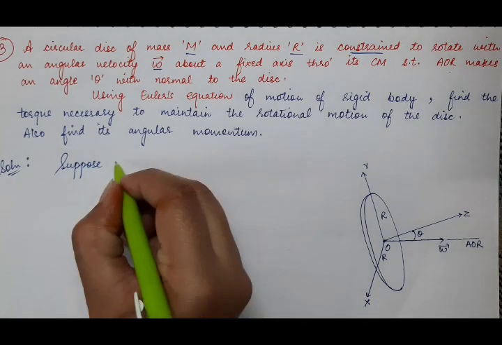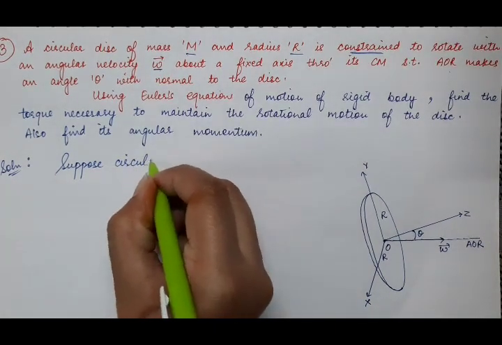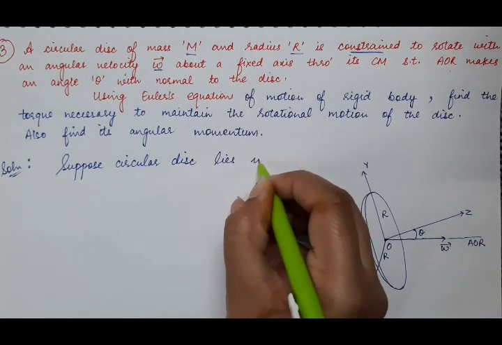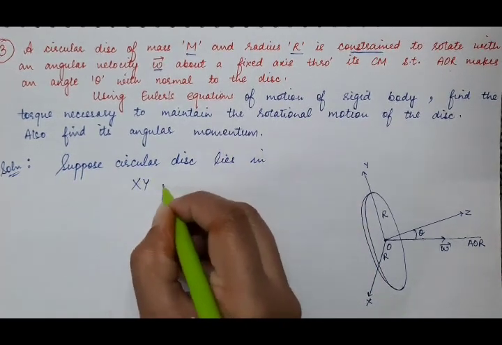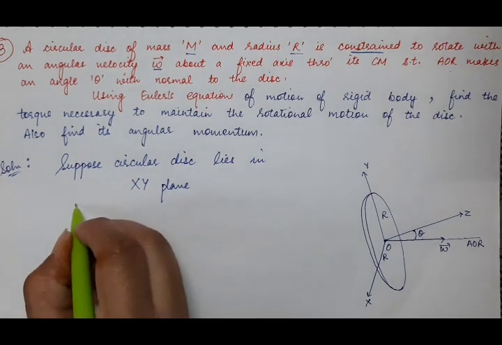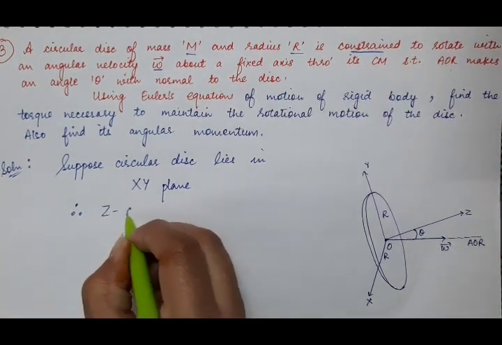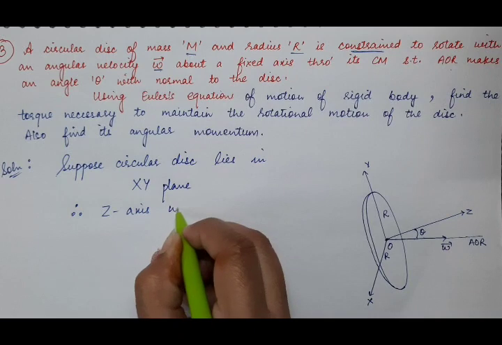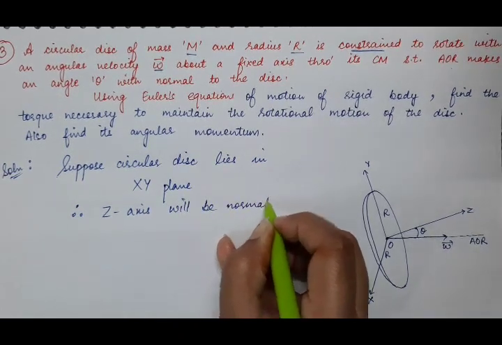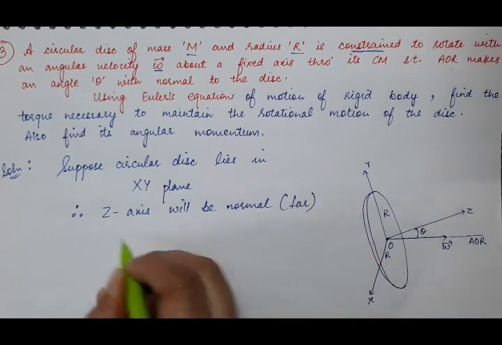If the circular disc lies in the XY plane, then the Z axis will be the normal, or you can say perpendicular, to the disc.